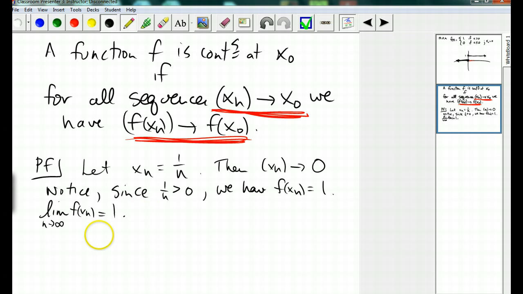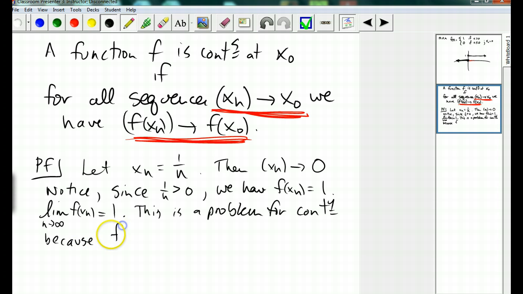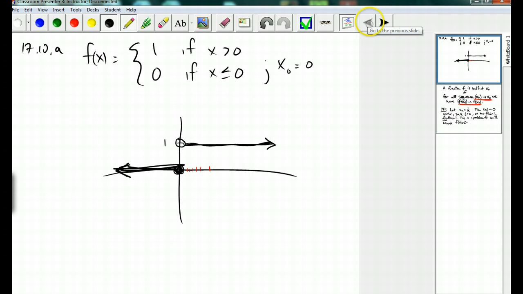So, we have a sequence, xn equals 1 over n, such that the sequence goes towards 0, and the f of xn's go towards 1. This is a problem for continuity because f of 0 is equal to 0. Right? When you stick in 0, since x is less than or equal to 0, we get an output of 0.